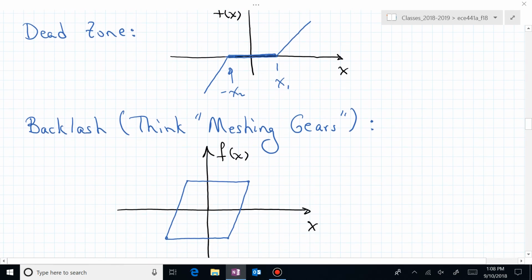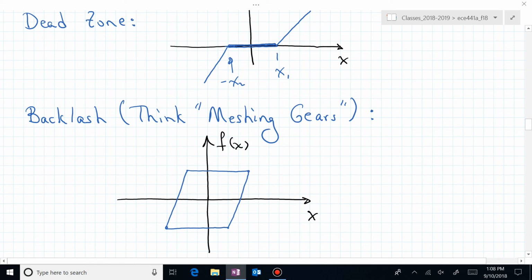One more nonlinearity that's common is a backlash nonlinearity, and if you're following along here, you might think about what happens with gears. One way that I like to think about that is, suppose you view your two hands as if those are meshing gears, and let's say that your right hand you want to move in a clockwise direction.